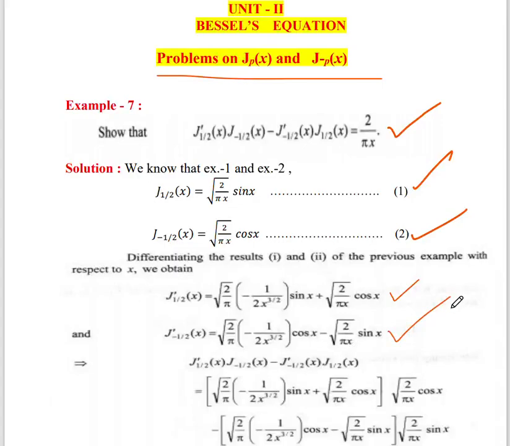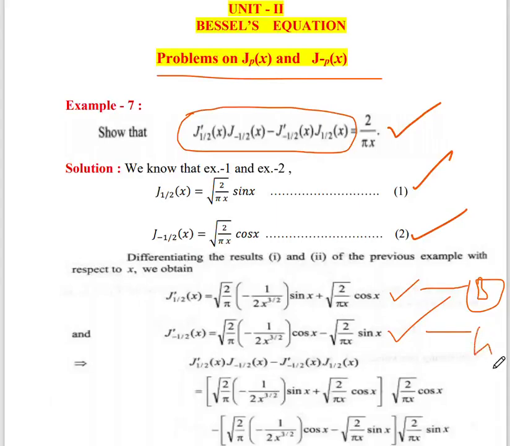Now we will take the LHS. LHS is J dash half of x into J minus half of x minus J dash minus half of x into J half of x. Let us consider these as equation number 3 and equation number 4. We will put the values from equations 1 to 4 in this expression.